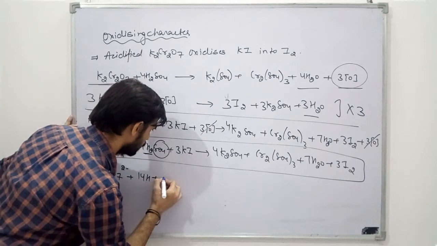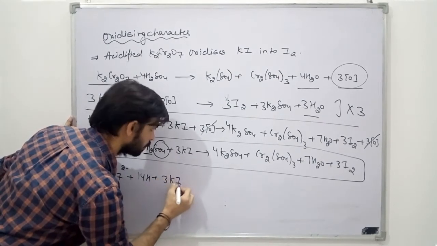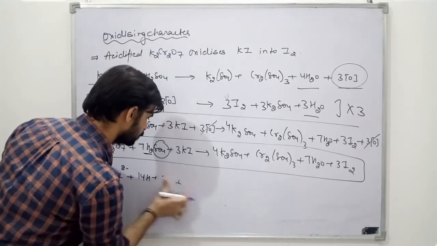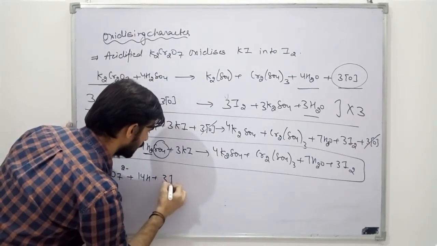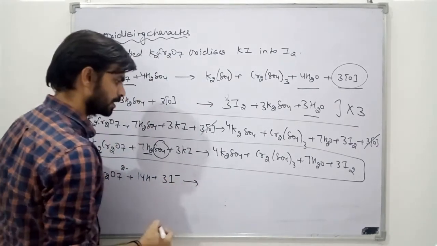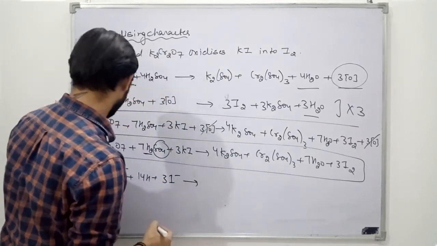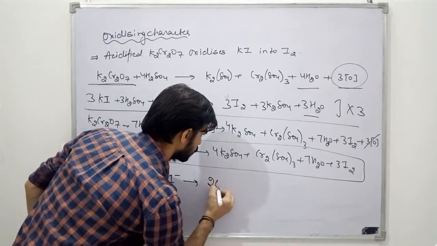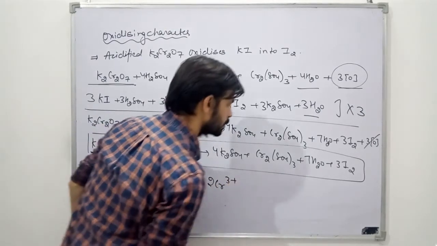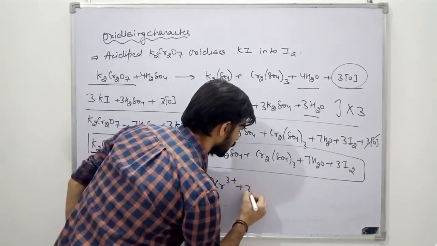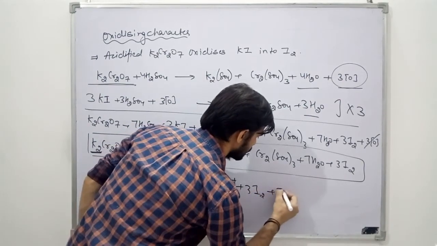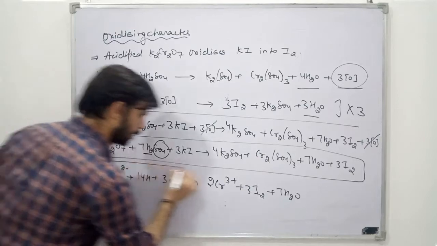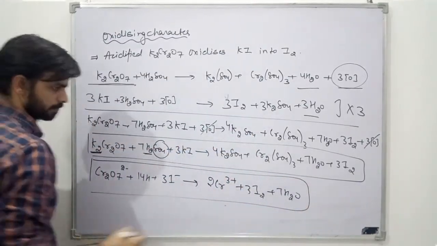Plus 3 times potassium iodide, or we can use 3 times I negative because it is an ionic equation. Then we would have twice Cr3 positive, 3 times iodine and 7 times H2O. This is your ionic equation.